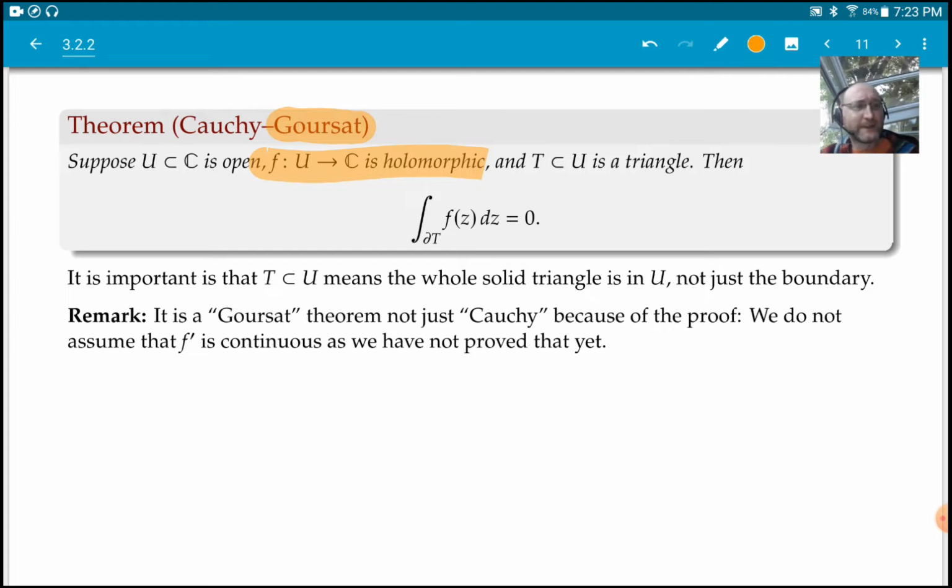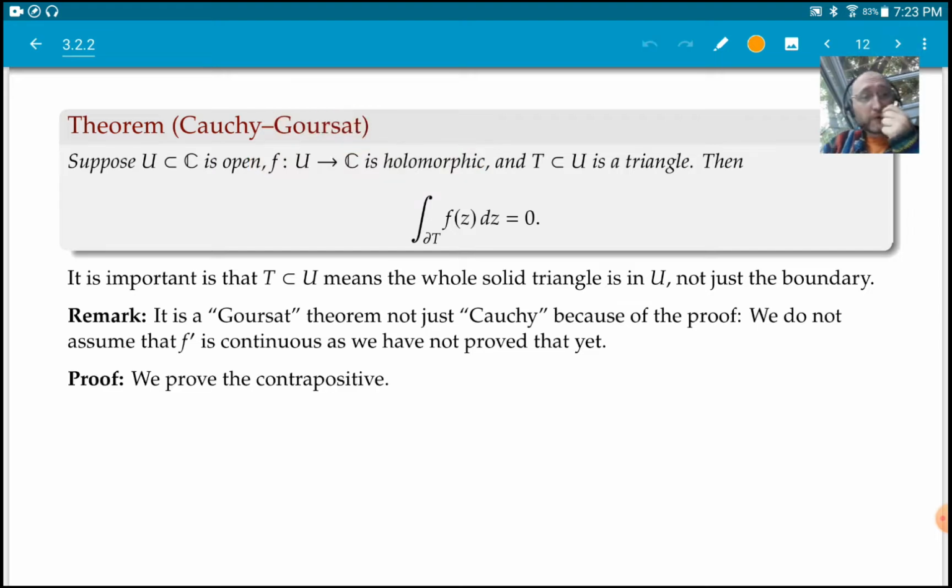So the big idea here is that all we're assuming is that f is complex differentiable at every point, right? We're not assuming anything about the derivative. We're not assuming the derivative is continuous. I mean, we're going to prove at some point that the derivative is actually holomorphic. But right now we don't know that yet, right? That's the point. That's why it's Cauchy-Goursat, not just Cauchy.